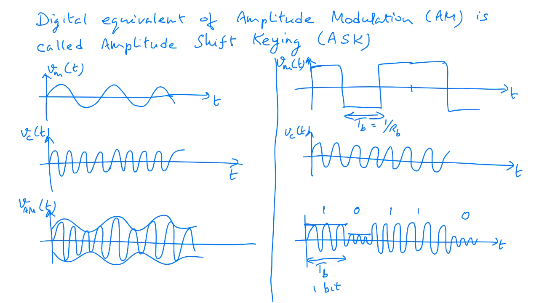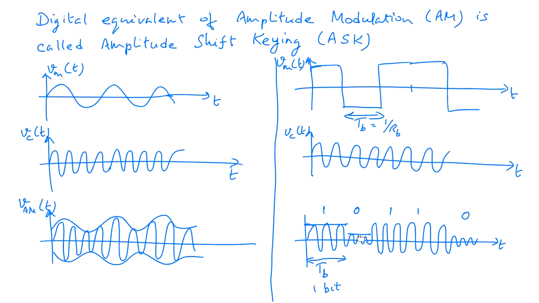Now, a simplification of this amplitude shift keying is done whereby, rather than having a different amplitude level for the 0 bit, right? If you notice here, for a binary 1, we have one amplitude level. For a binary 0, we have a different amplitude level for the carrier signal.